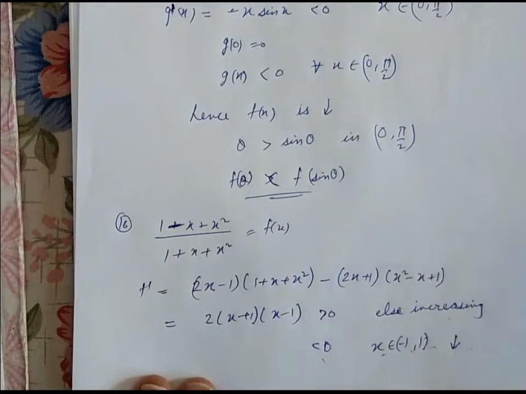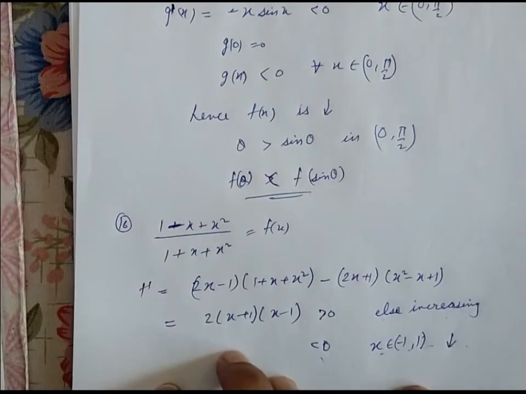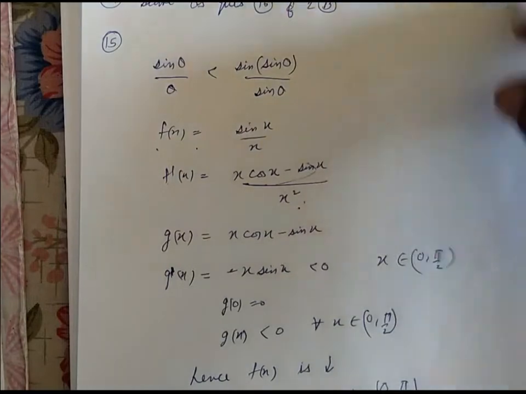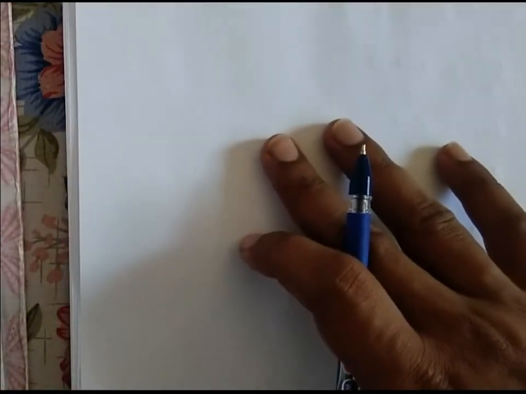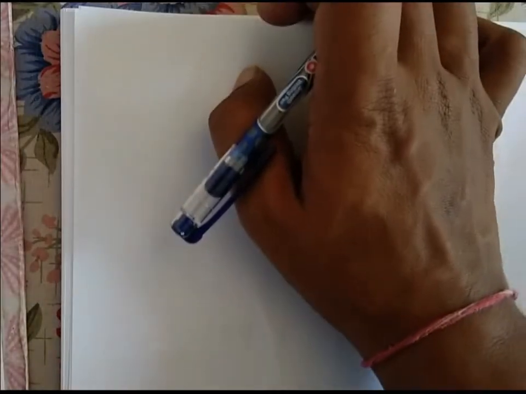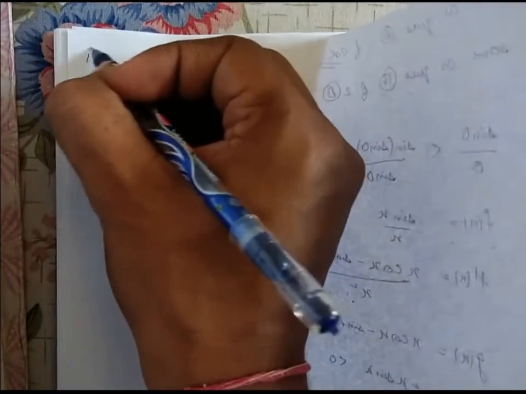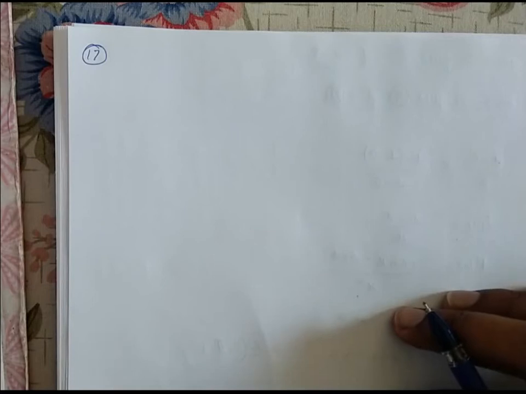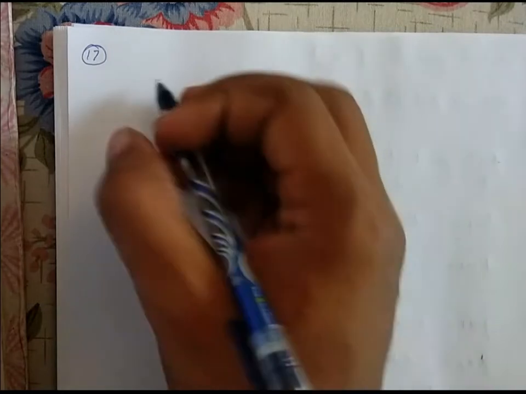Moving on to the next question, question number 17. For what values of m does the function (m plus 2)x cube minus 3m x square plus 9m x minus 1 decrease for all x?